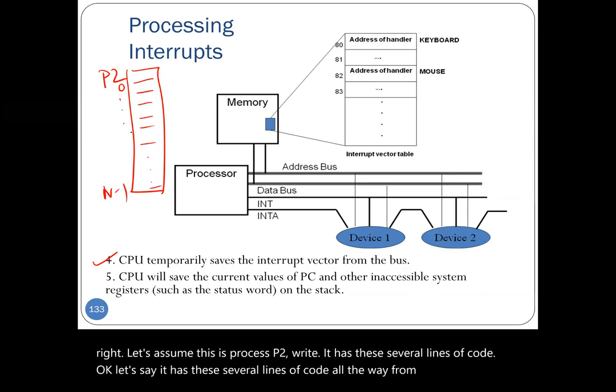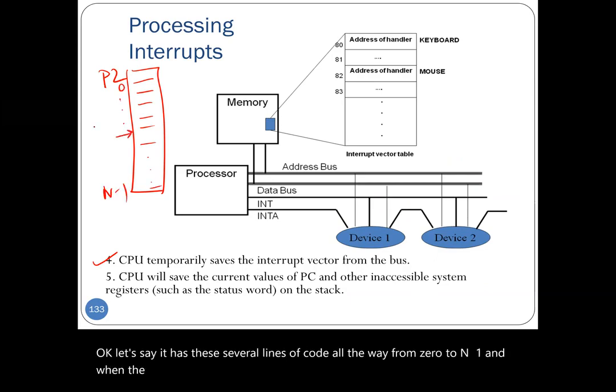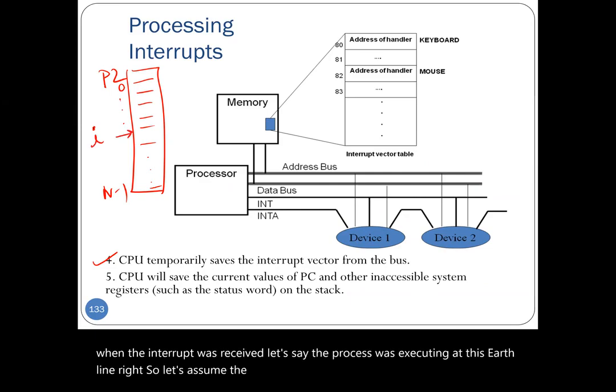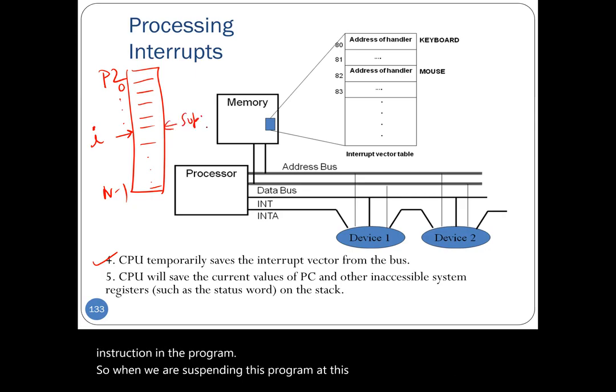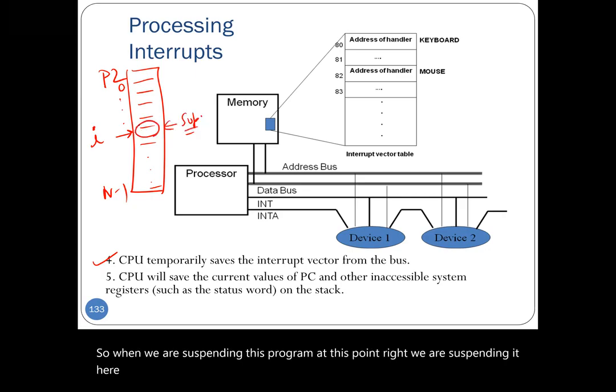And when the interrupt was received, let's say the process was executing at this ith line. So let's assume the program counter was here at this ith instruction in the program. When we are suspending this program at this point, we have already executed, let's say, i instructions.